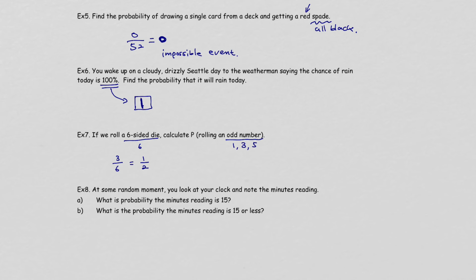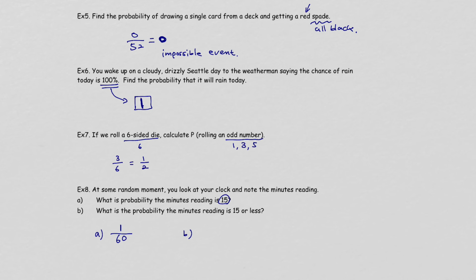It could be 1 minute, it could be 2 minutes, all the way to 60 minutes. So the total sample space is going to be 60. And out of 60, you get 15, which is 1. So your probability of A will be 1/60.